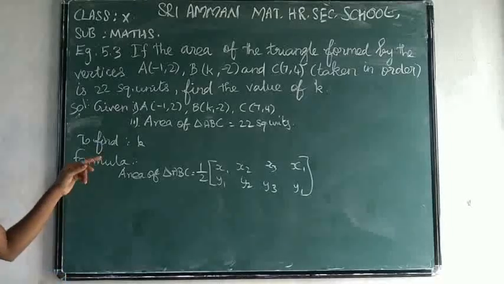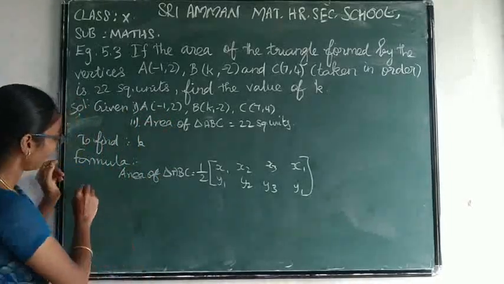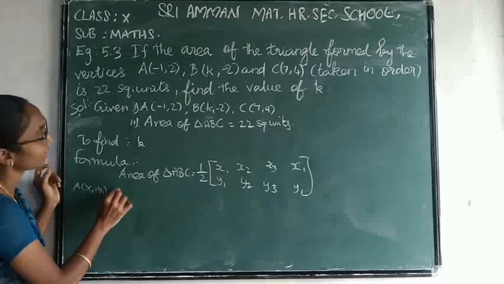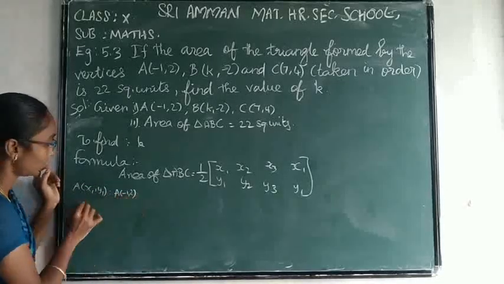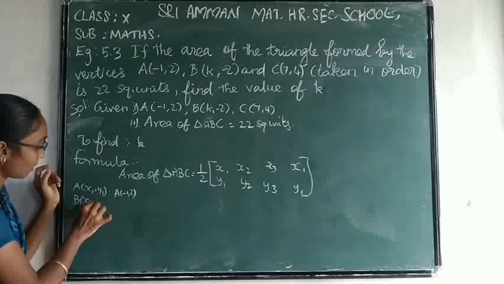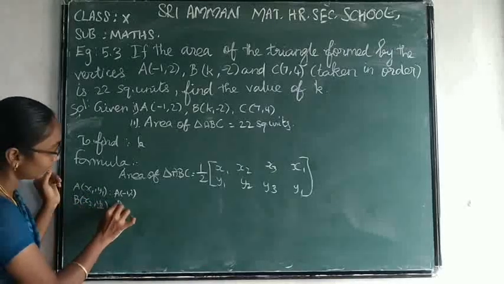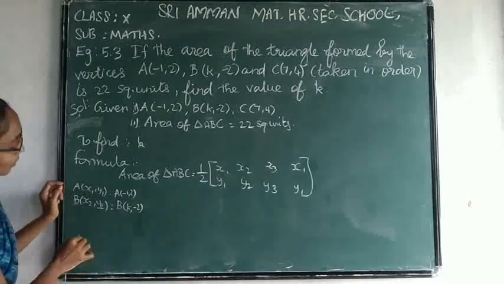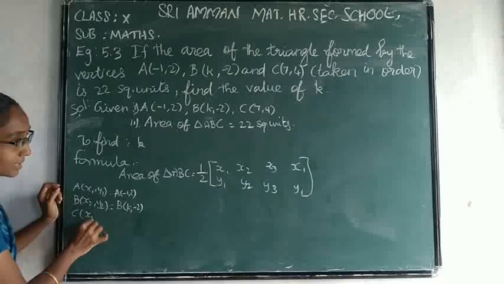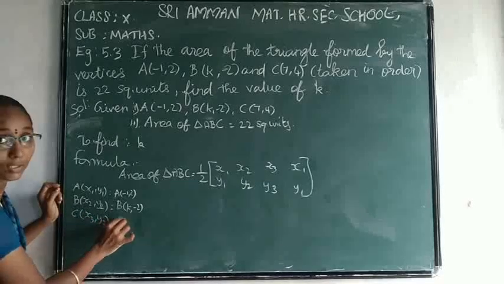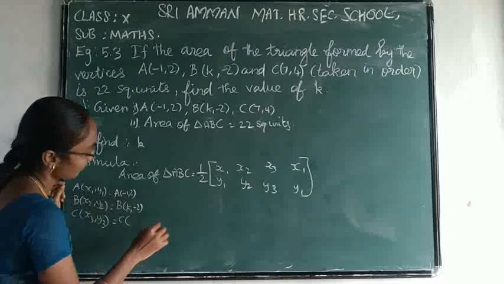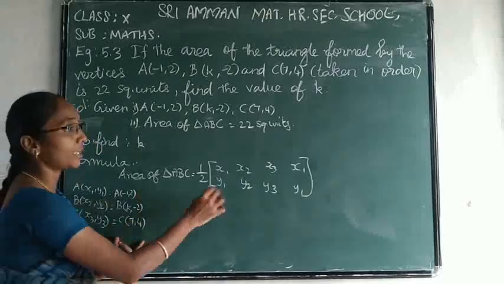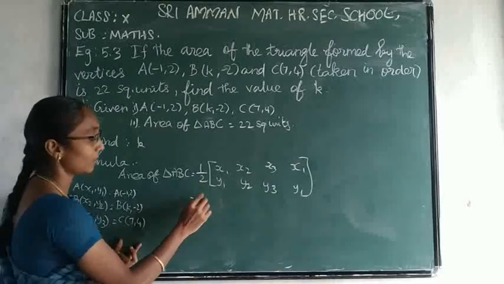Now consider the points: A of x1 comma y1 equals A of minus 1 comma 2, then B of x2 comma y2 equals B of k comma minus 2, and C of x3 comma y3 equals C of 7 comma 4. Now substitute these values in this formula.